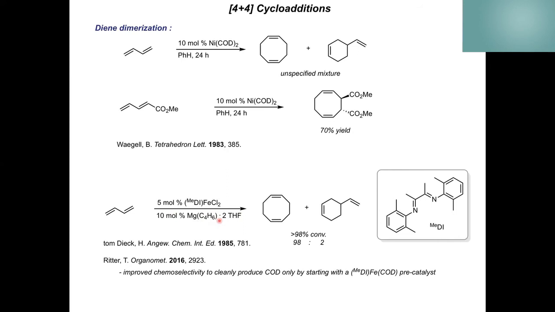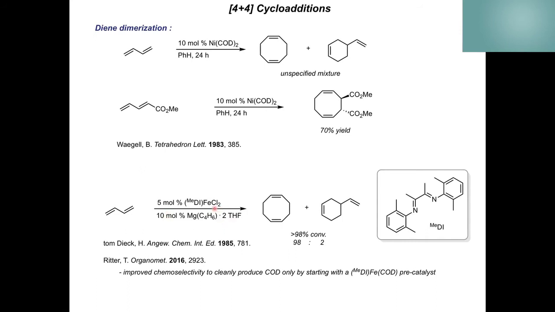If you've never worked with magnesium butadiene before, I strongly recommend it. It kind of blows your mind as you take magnesium metal and put it into a bomb with butadiene, and with some solvents involved, you get this gray powder out, and it's this beautiful reducing agent.